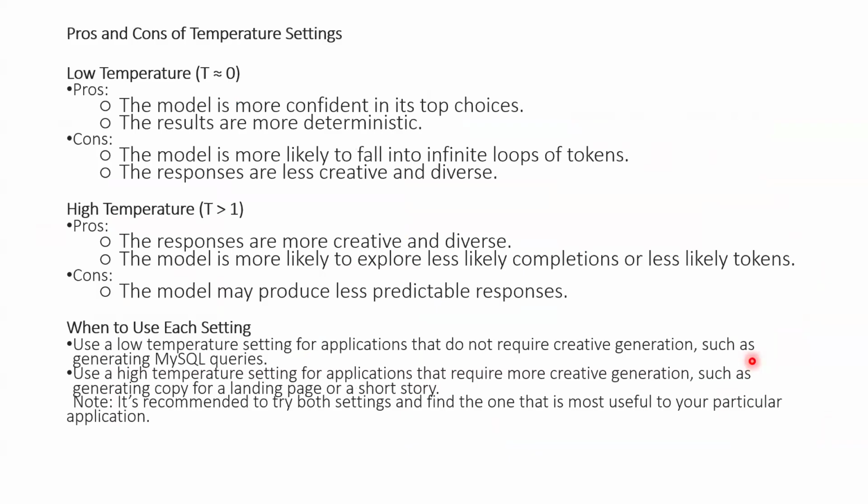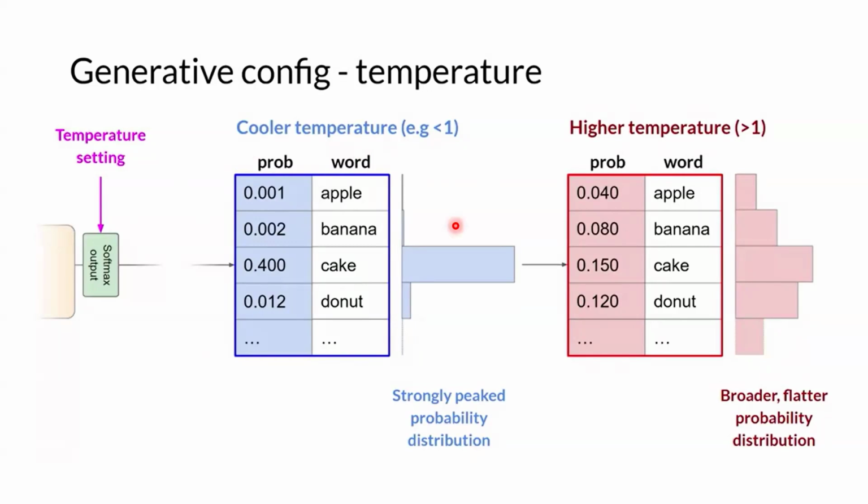So why do we decrease or increase the temperature? When you have temperature close to 0, this will peak out basically. Its value will become more, and the probability of getting selected will increase. That means whenever our temperature is low, we will get more accurate results, right?